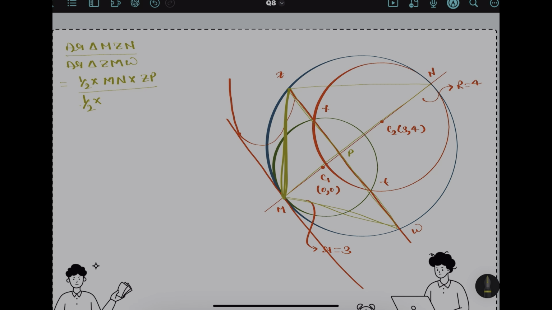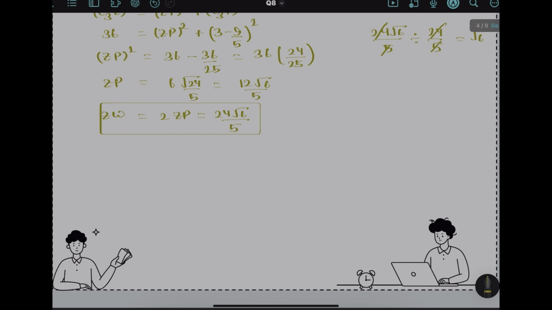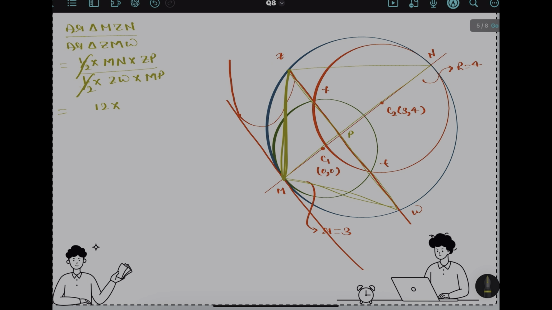So this base will become ZW and height will become MP. Correct? Now half gone. So MN, what is MN? MN is the diameter of the bigger circle, no? So it was 12. Now ZP we have calculated earlier. ZP is 12 root 6 by 5.